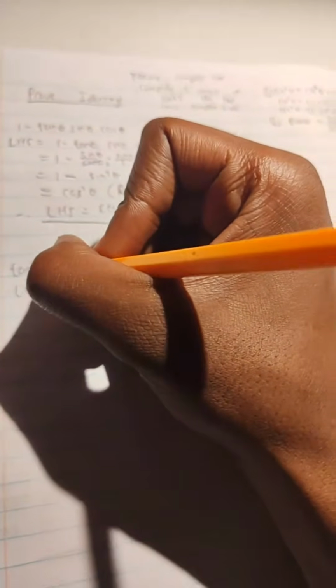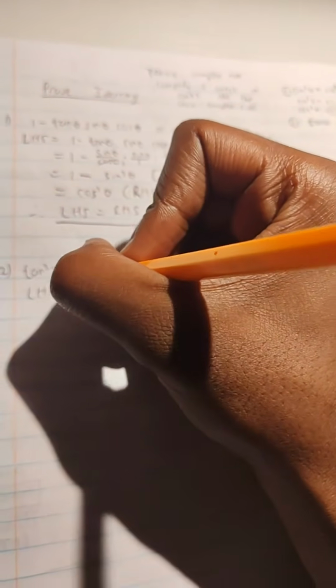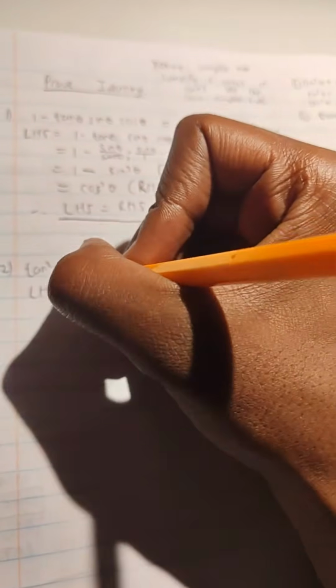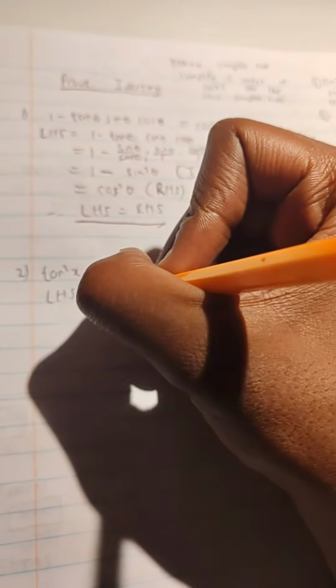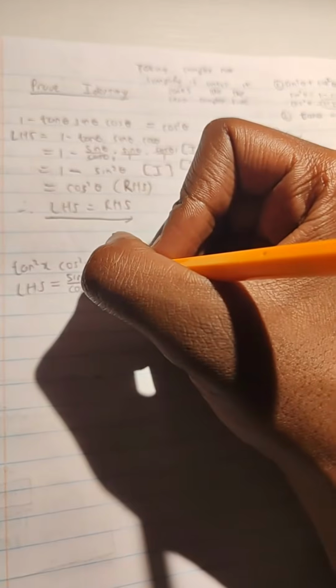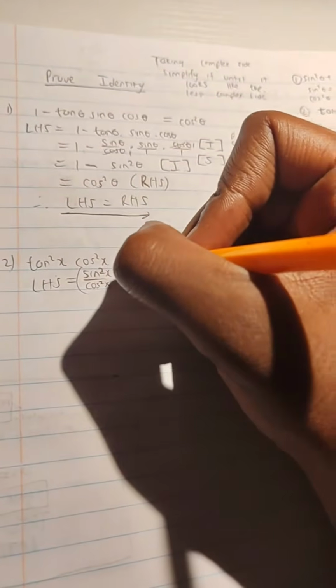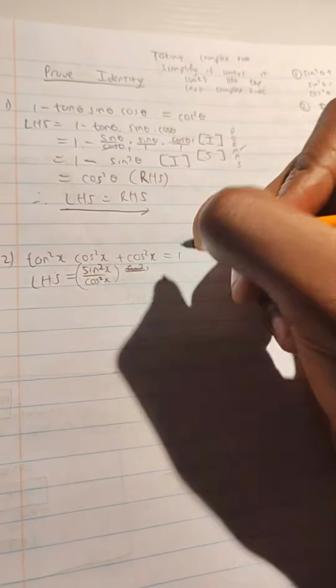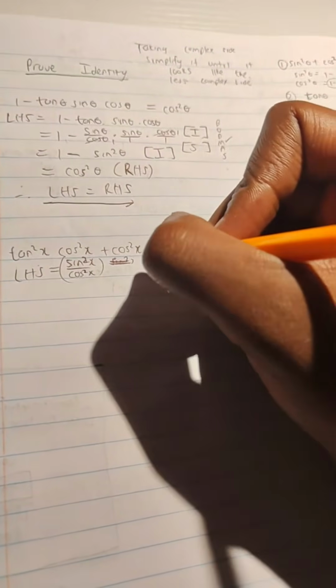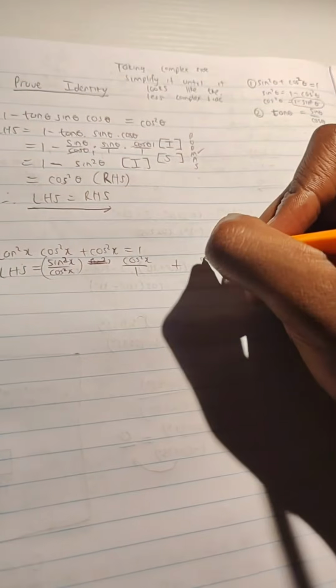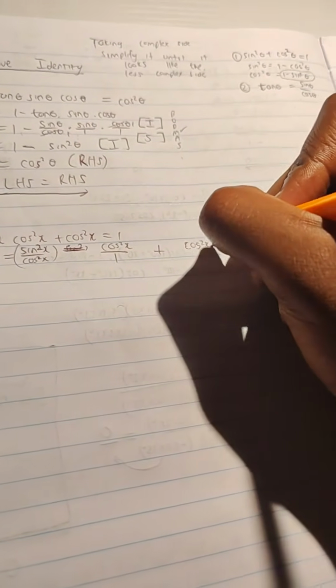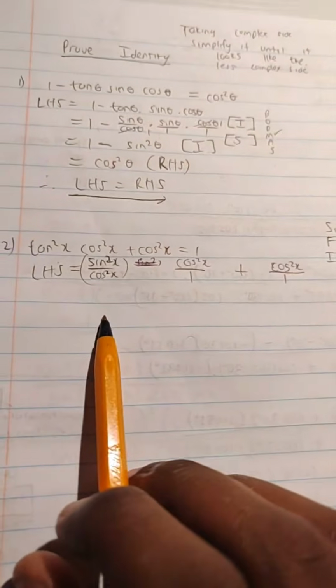I see tan squared x can be written as sine squared x over cos squared x. That's going to be multiplied with cos squared x over 1 plus cos squared x over 1.